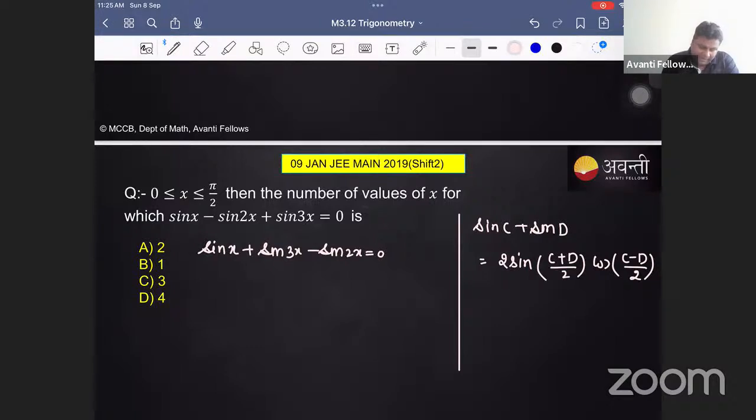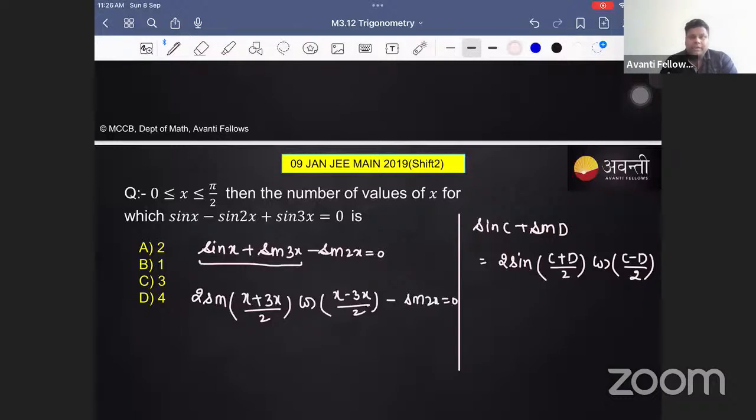So if I apply it here on these two, sin x plus sin 3x is 2 sin (x plus 3x) upon 2 into cos (x minus 3x) upon 2, minus sin 2x equals 0. Now we are also aware of the formula of sin 2 theta, that is 2 sin theta cos theta.